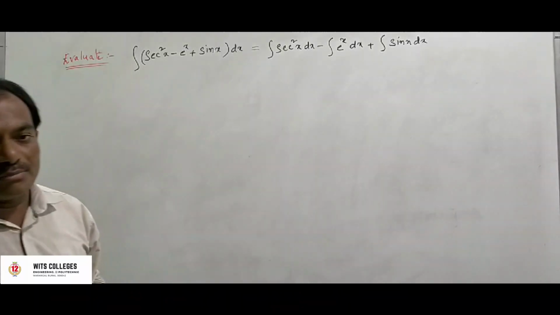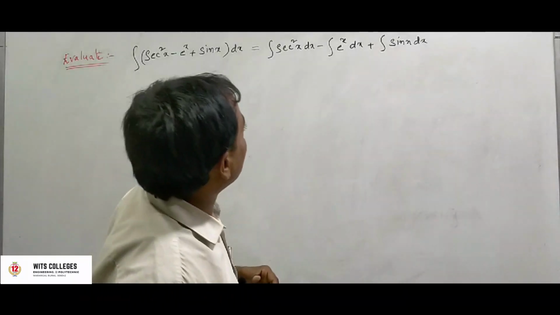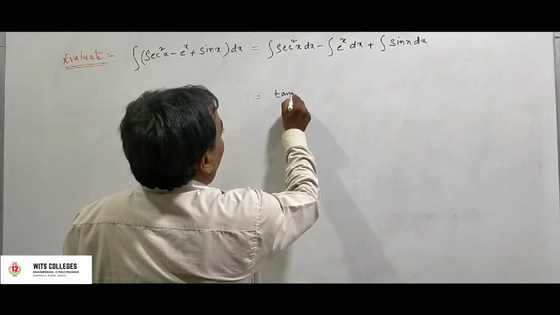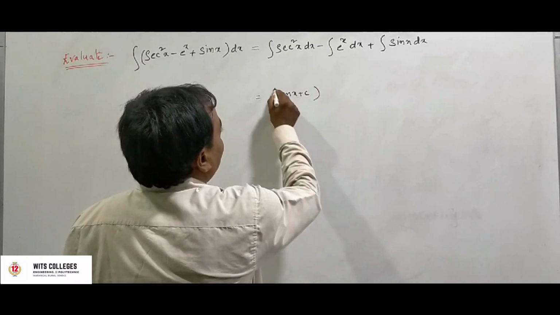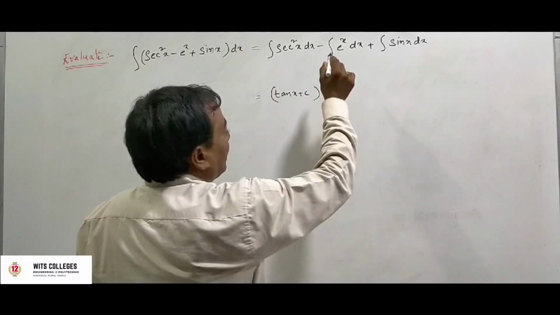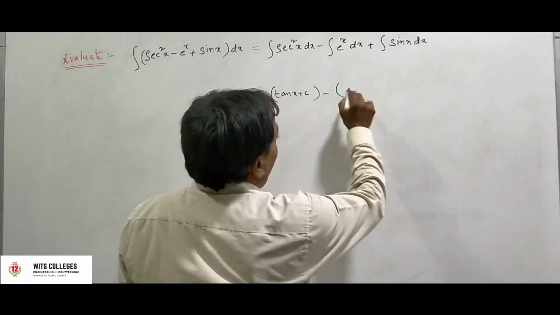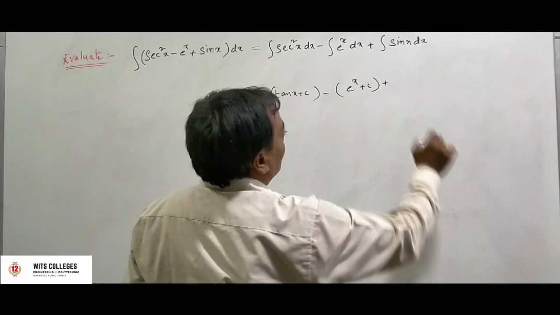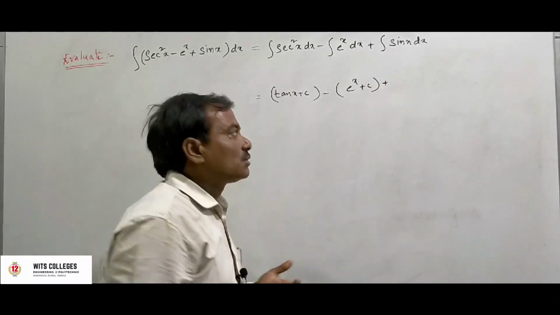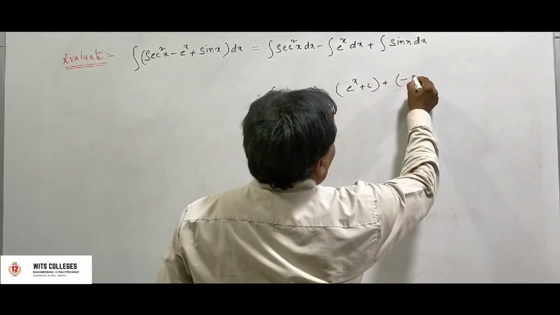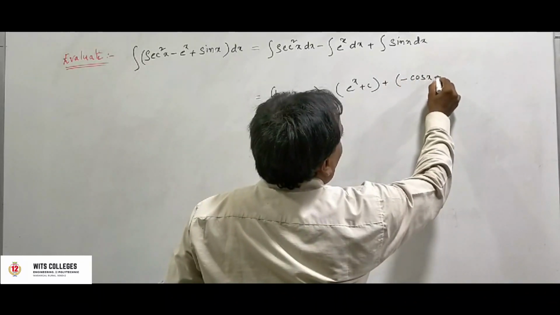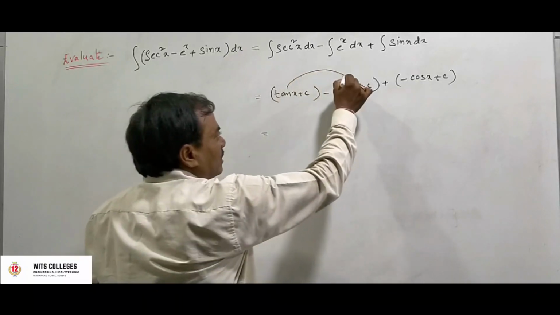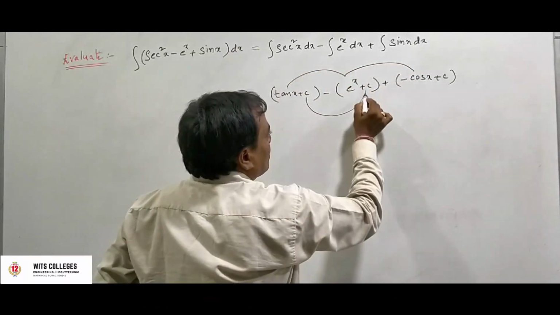So these are the direct formulas. Now we know that integral secant square x dx equals tan x plus c, minus integral e power x dx. This is also a direct formula. So therefore we get e power x plus c. Now integration of sin x is equal to minus cos x plus c. So first we collect these terms on one side and the c's on the other side.